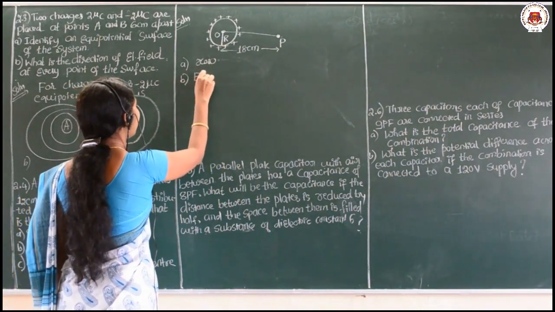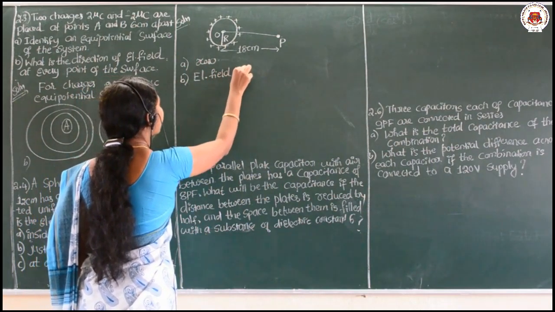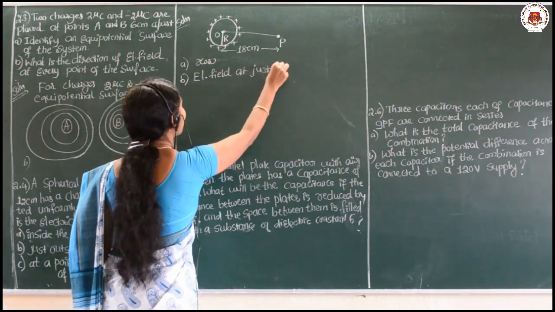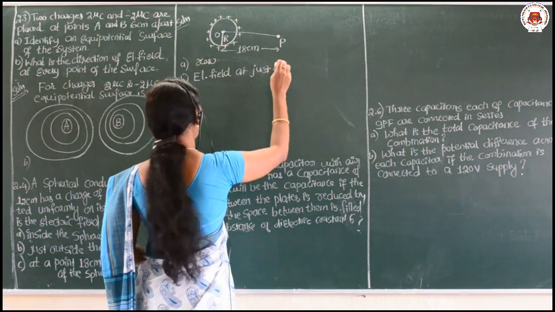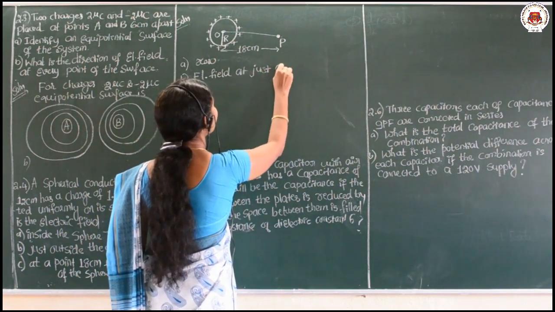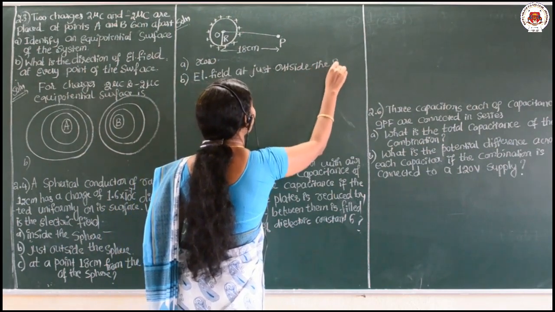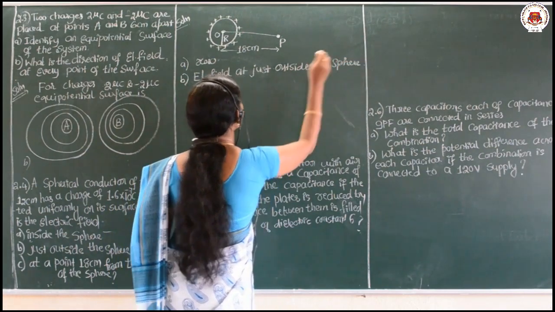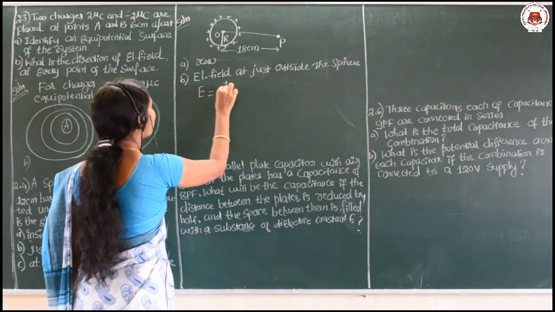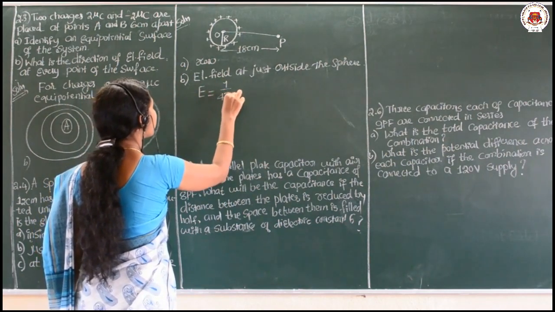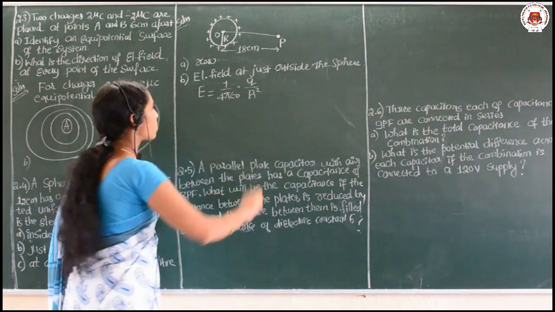For the second question, electric field just outside the sphere is E is equal to 1 upon 4 pi epsilon naught Q upon R square.